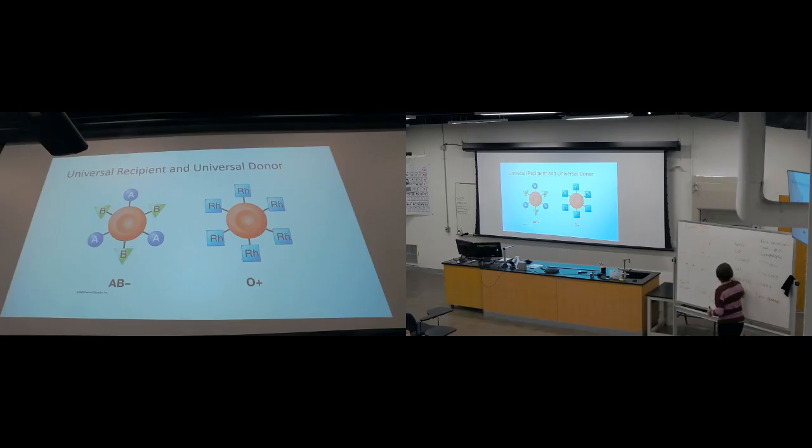So if this is B, this is B blood. This one can attack this blood, and this can attack this blood. If you have B blood, you cannot have anti-B antibodies, but you can have anti-A.